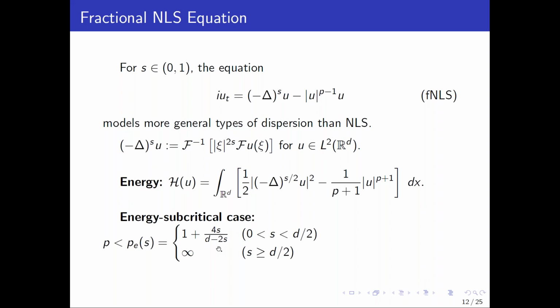It depends on whether s is less than d over 2 or bigger than or equal to d over 2. If d is equal to 2 or greater, we're only considering the case when s is less than d over 2, because s is between 0 and 1. But if you're talking about d equals 1, then for s bigger than a half, all values of p are energy subcritical.